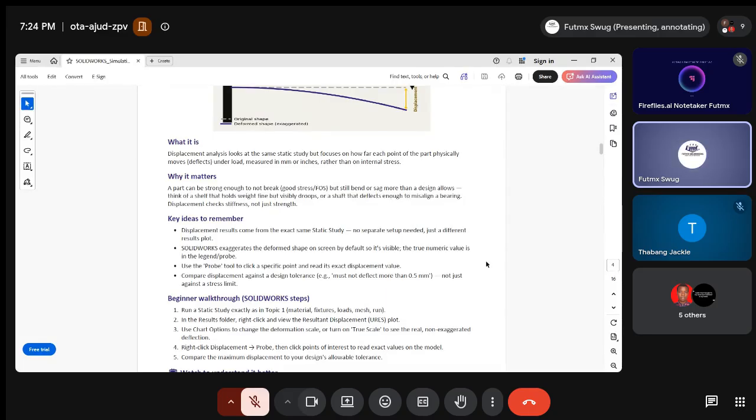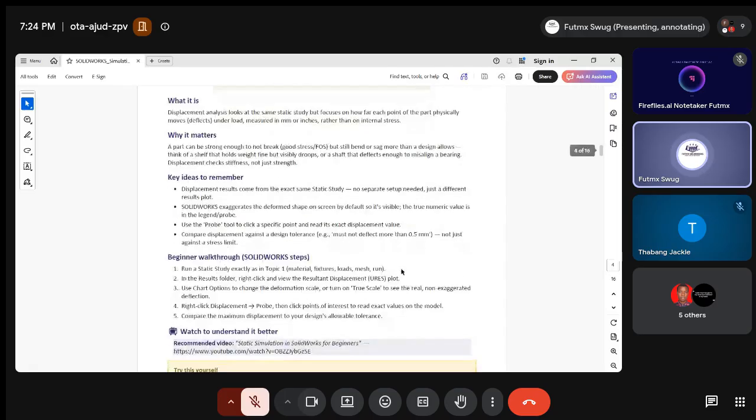and then reduce the displacement. The next is that you compare displacement against a design tolerance. I've already talked about that. Some industries have a particular factor of safety; in other industries the factor of safety is greater.